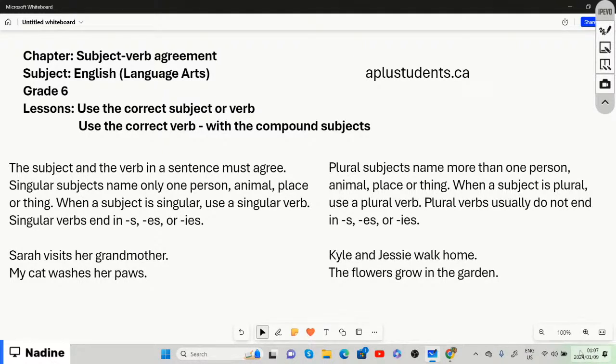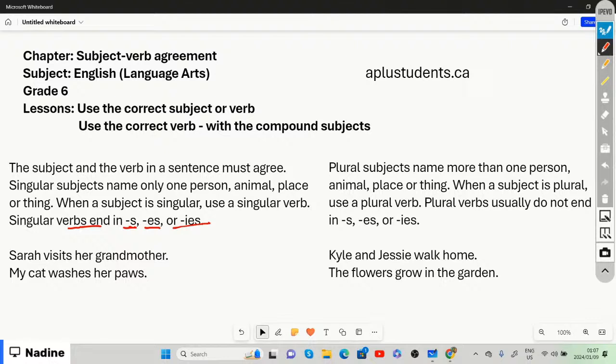Singular verbs end in s, es, or ies, depending on the specific word. For example, Sarah, which is one person, visits, and it ends with an s.